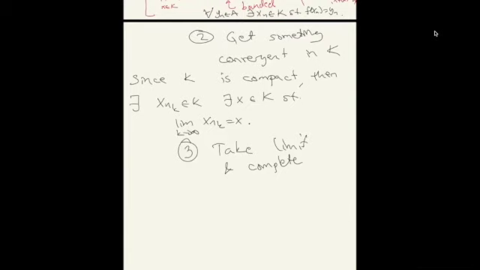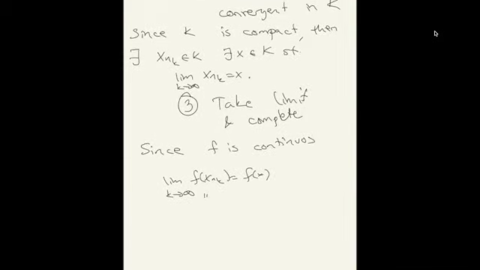Okay, so we found this element. These function values are going down. So let's conclude the proof by taking a limit. Since f is continuous, the limit as k goes to infinity of f(x_{n_k}) is equal to f(x). And let's see what this limit is.